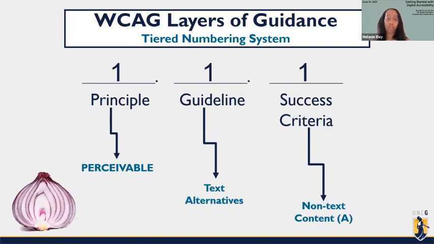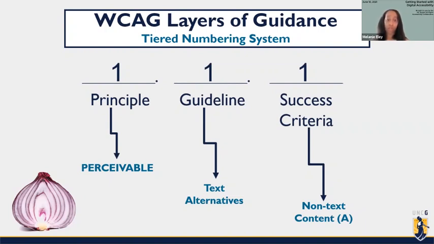So within these layers of guidance that WCAG has, it does use a tiered numbering system to identify and specify the different types of information that it contains. So you'll often see 3 numbers that are separated by periods when you're working with WCAG standards.